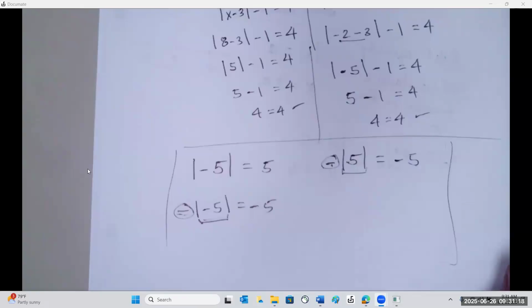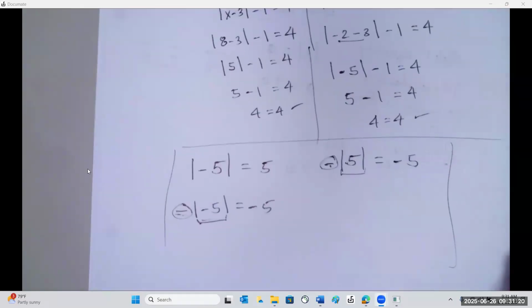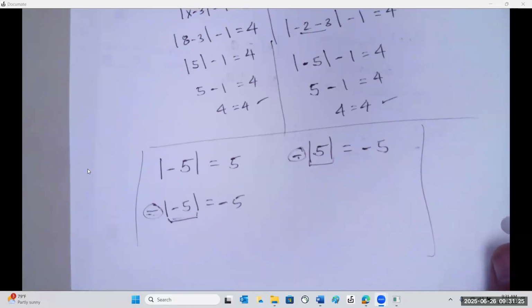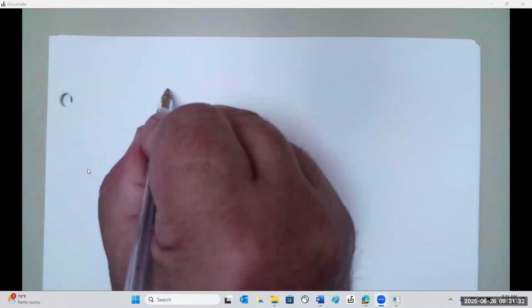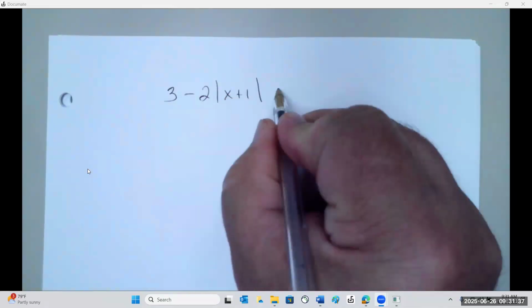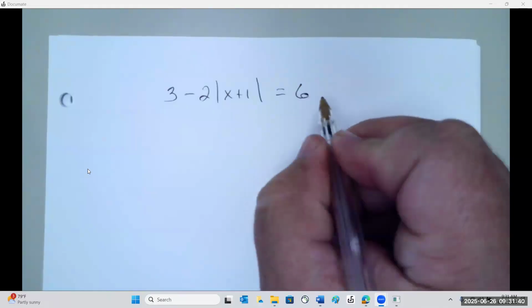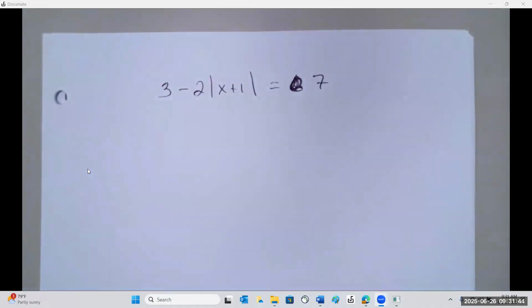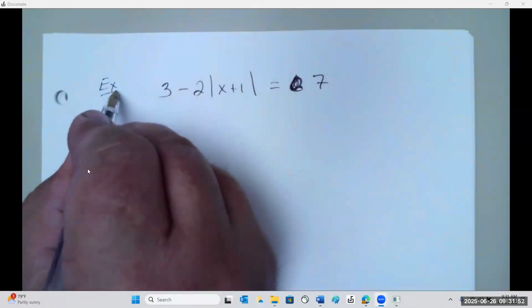Okay, let's look at another one. I'll make up another example here. This is my own homebrewed example.